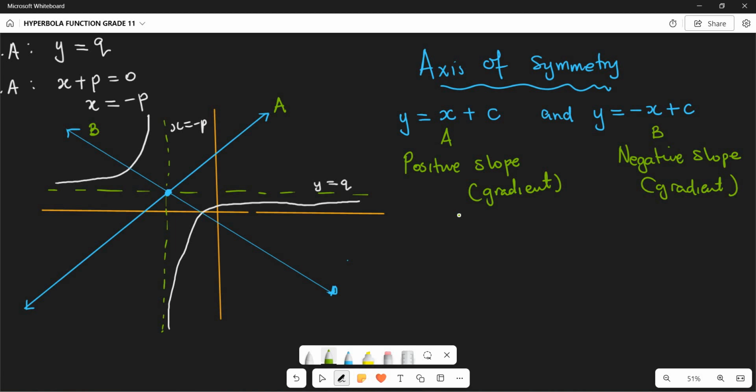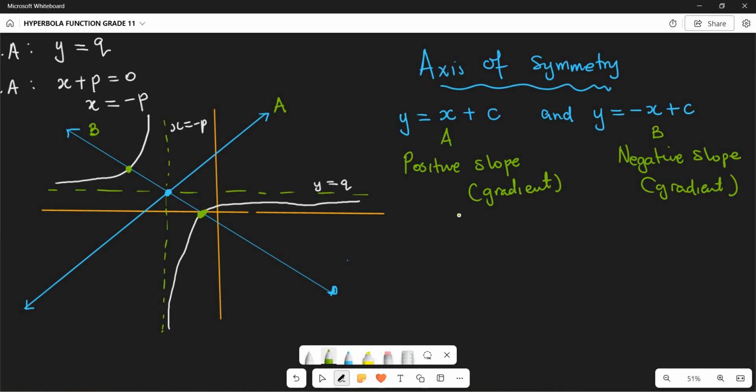There are points of intersection here, and to find them, you must equate the curve and one of these axes of symmetry, depending on which one is intersecting the graph.